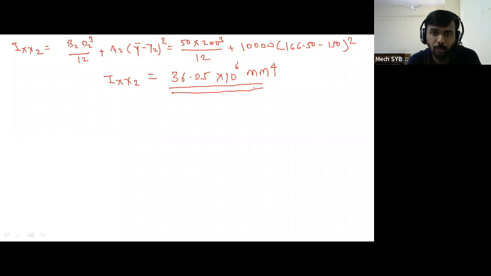If it is possible for you to do the simultaneous calculation of all the terms, no problem, but your answer should be correct. So 36.05 into 10 raised to 6 mm raised to 4. Send the answers in the chat box immediately.